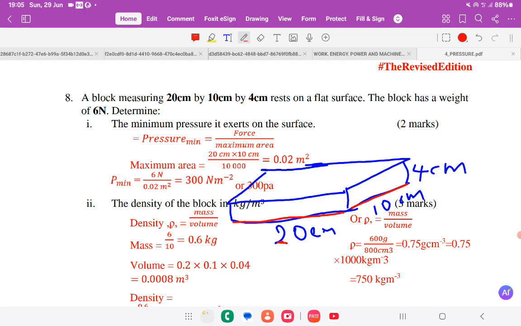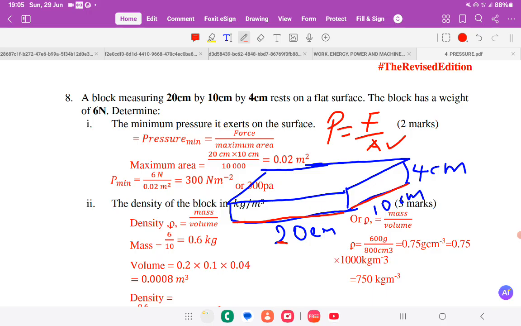Remember, for a constant weight or force, pressure is force over area. In this case, weight over area. So for the pressure to be very small, it means the area should be large.